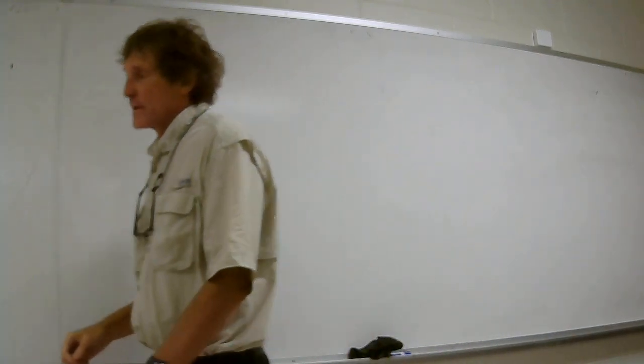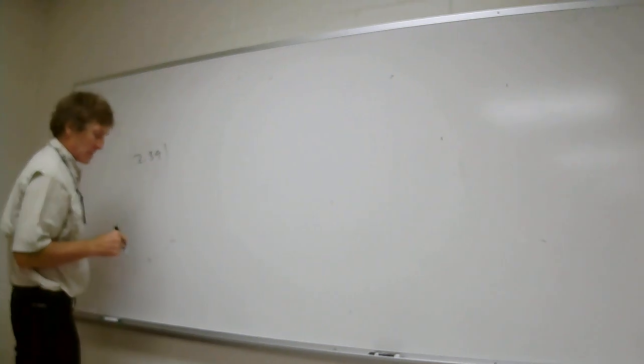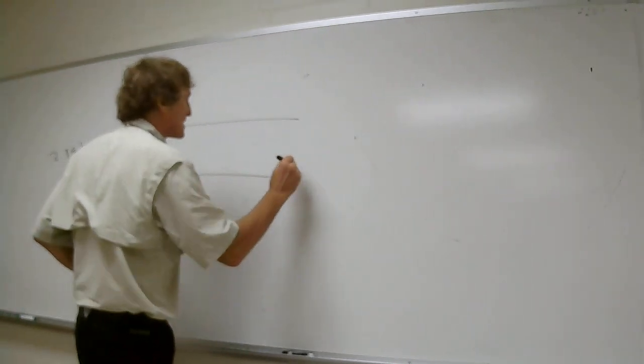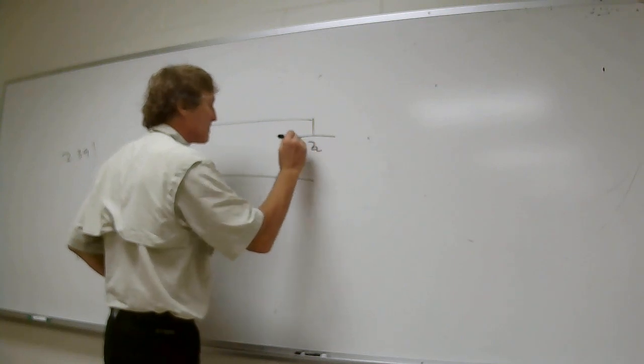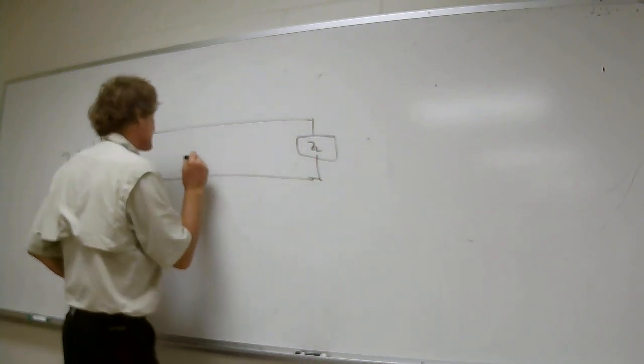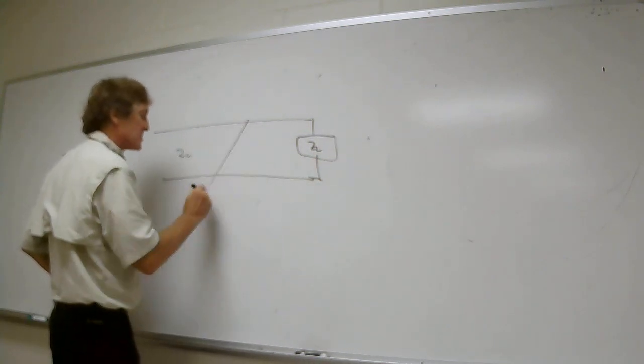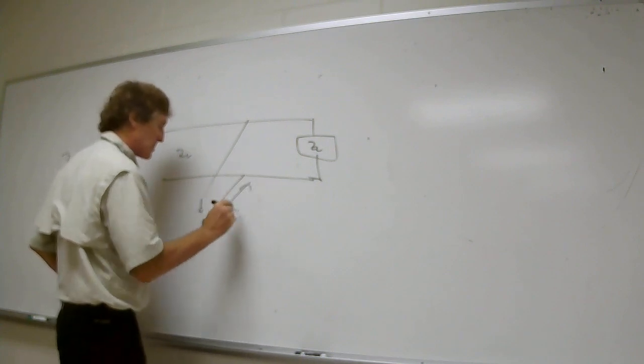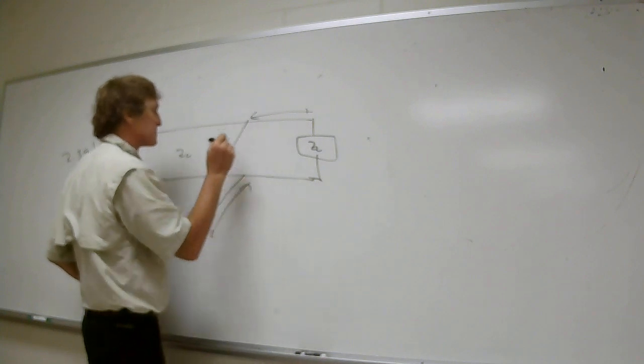Okay, so 2.39? Go ahead. So this is an open shunt. We've got a transmission line load, characteristic impedance Z naught, and then a shunt with an open circuit, right? Tell me the information.